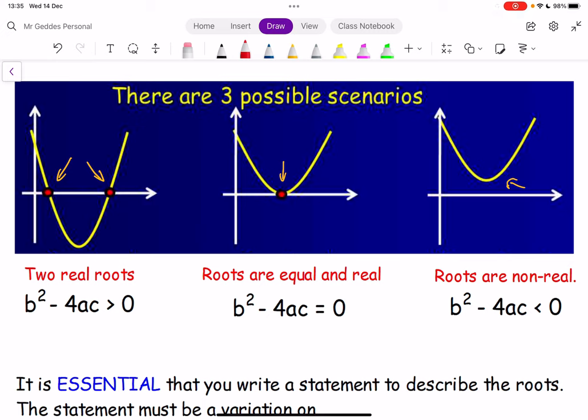This all boils down to a tiny wee line of working, and then you remembering a statement. So a quick sketch of those three, and then very, very carefully copy each of these wee bits that are underneath.